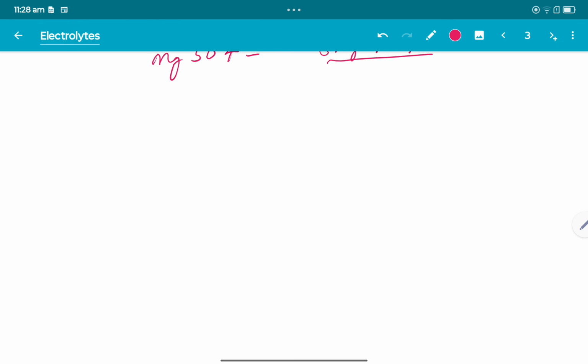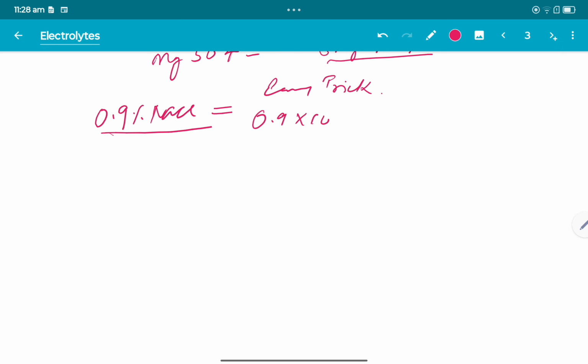So suppose there is a fluid which is 0.9% NaCl. How will you convert 0.9% NaCl? There is an easy trick. Multiply this 0.9 by 10. Okay, so 9, and write here milligram per ml. 9 milligram per ml.